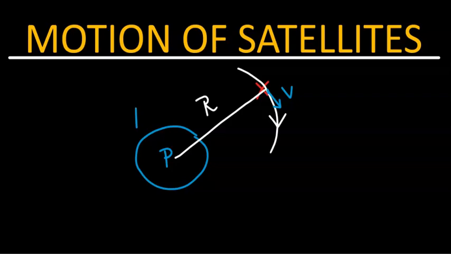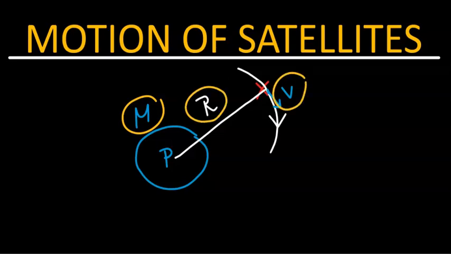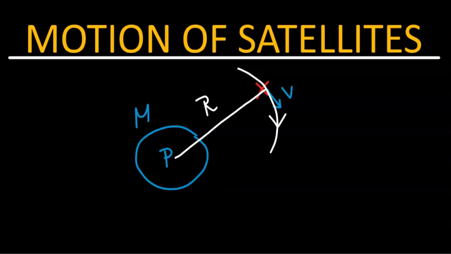Let's assume the mass of the planet is capital M. We shall see how capital M, orbital distance, and orbital speed are related to each other. We know that the centripetal force on this satellite, whose mass is little m, is given by the mass of the satellite, the square of the orbital speed, over the orbital distance.